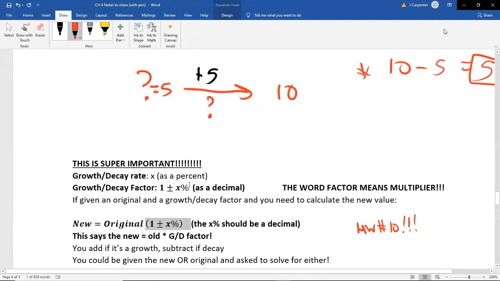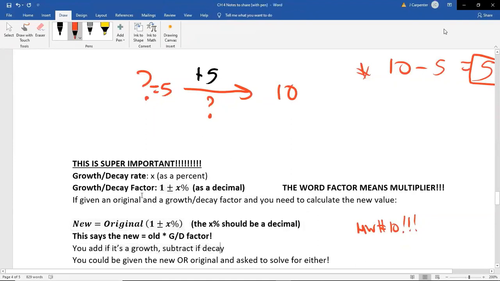There's no crazy formulas here. There's no negative b plus or minus square root of b squared minus 4ac all over 2a. It's not a quadratic formula. It's just a sum or difference and a product. These are simple ideas, but you have to remember how to use them. We do not give you these as formulas for your test. You have to know them. And again, you add if it's growth, you subtract if it's decay.